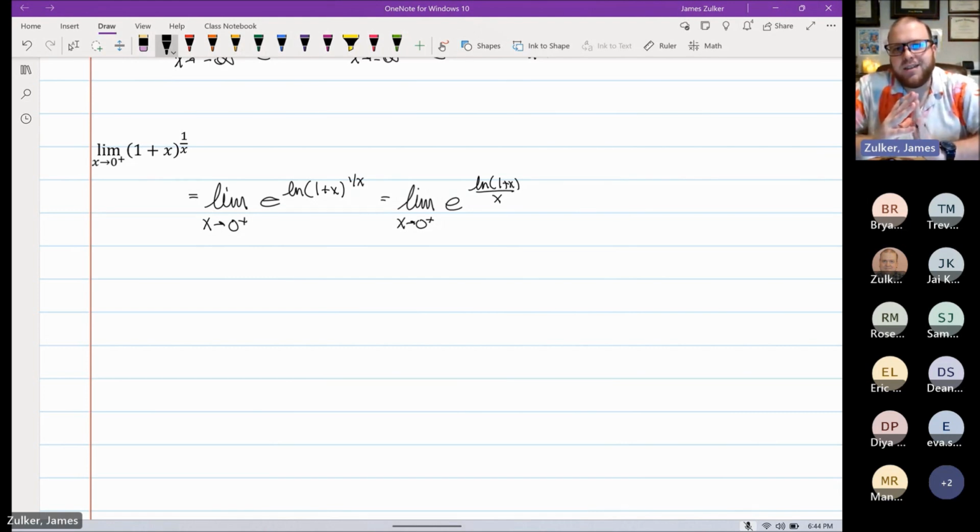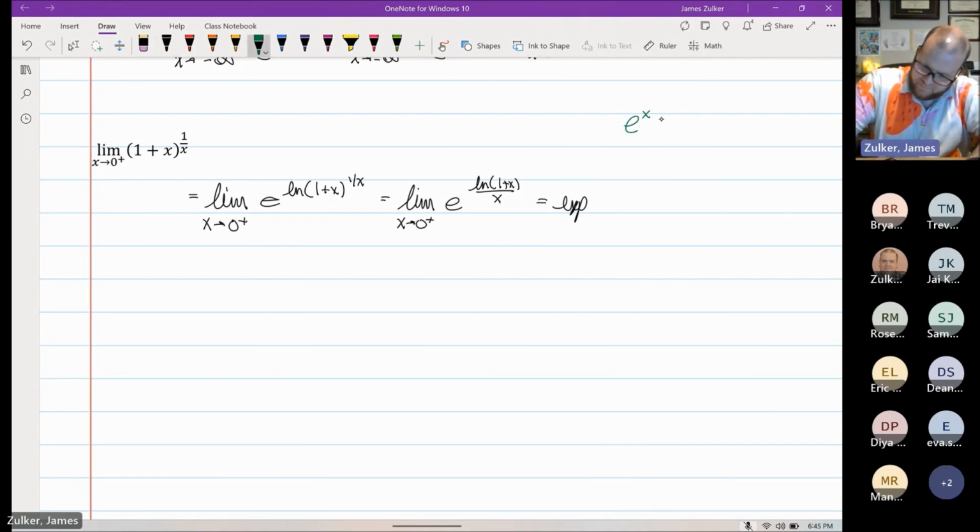And then properties of log says this. Now what I'm going to do is write this this way, right?